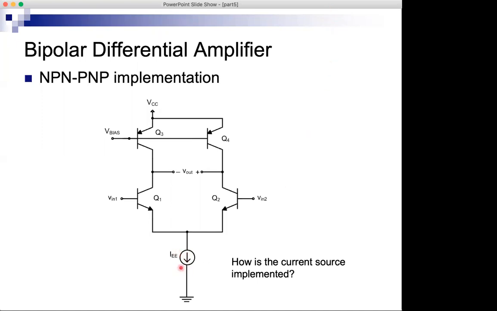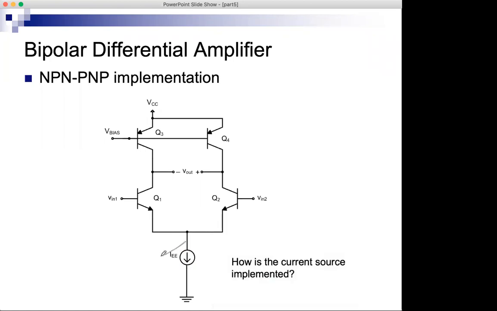How can we implement a current source like this in a BJT circuit? What's the simplest way to implement such a current source? Yeah, this can be just another BJT.